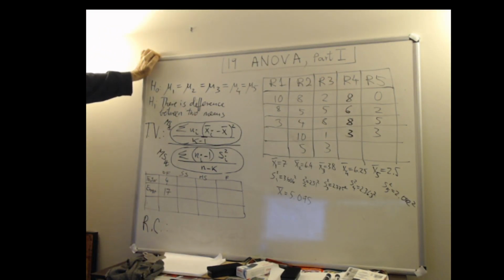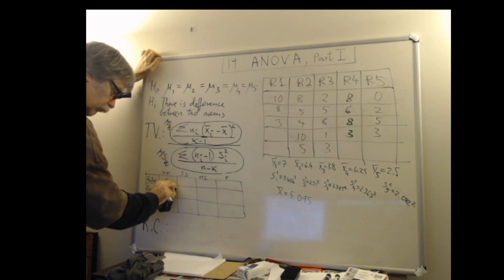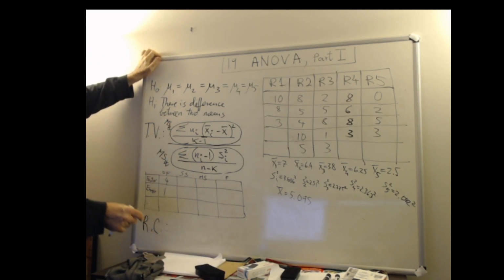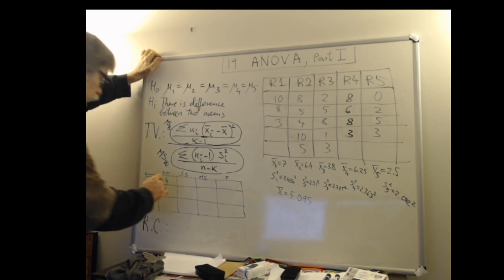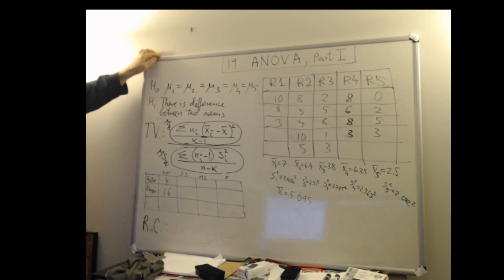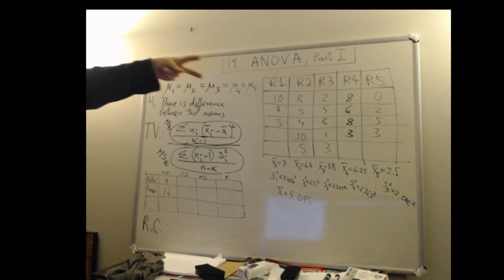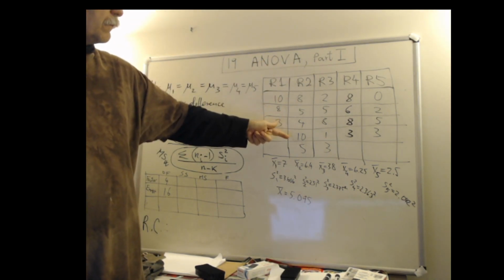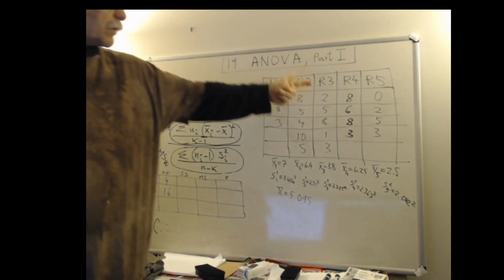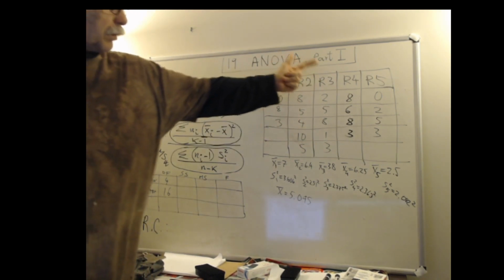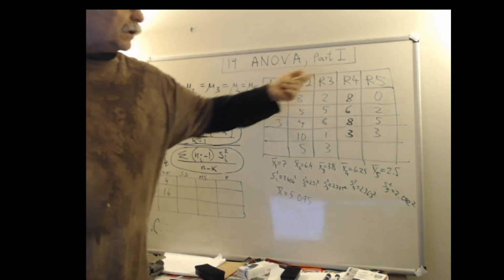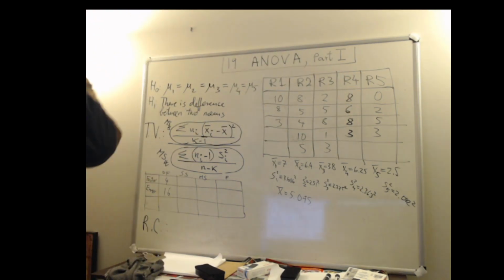With 5 groups, 21 minus 5 would be 16. I'm pooling degrees of freedom, so you can do it this way: 2 plus 4 is 6, plus 4 is 10, plus 3 is 13, plus 3 is 16. That many degrees of freedom.